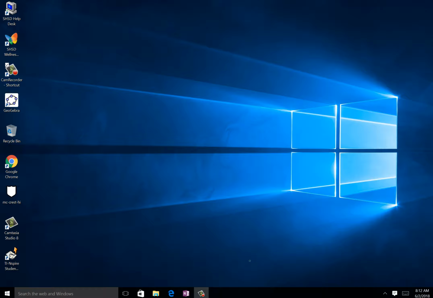Y equals a parentheses x minus c sub 1 parentheses x minus c sub 2. So those are basically the three forms you're going to see these in. They're either going to be in general form, vertex form, or factored form. So that's what they're going to kind of look like.